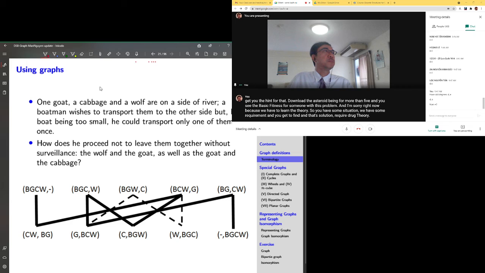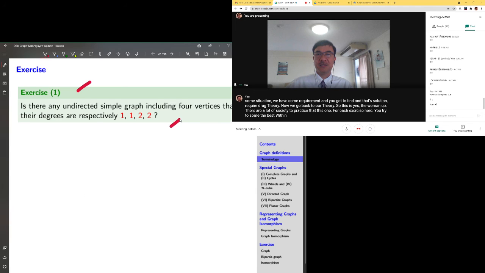So this is just the warming up. There are a lot of exercises to practice this one. For each exercise here, you try to solve it the best you can within 5 minutes. Not long. Okay. So for instance, in the first exercise, you read here: is there any undirected and simple graph having 4 vertices?